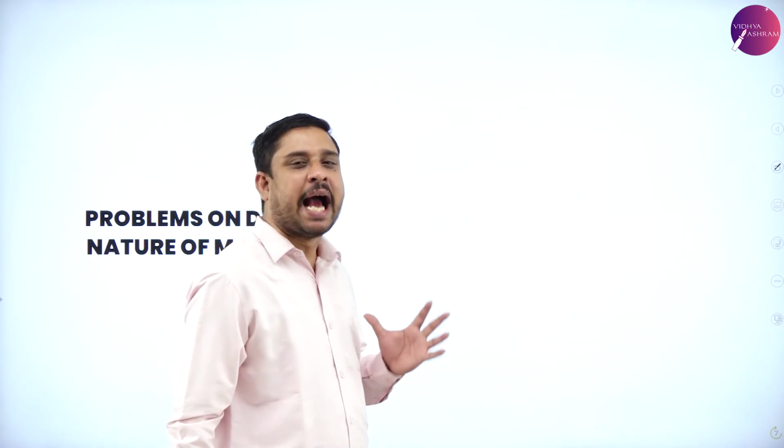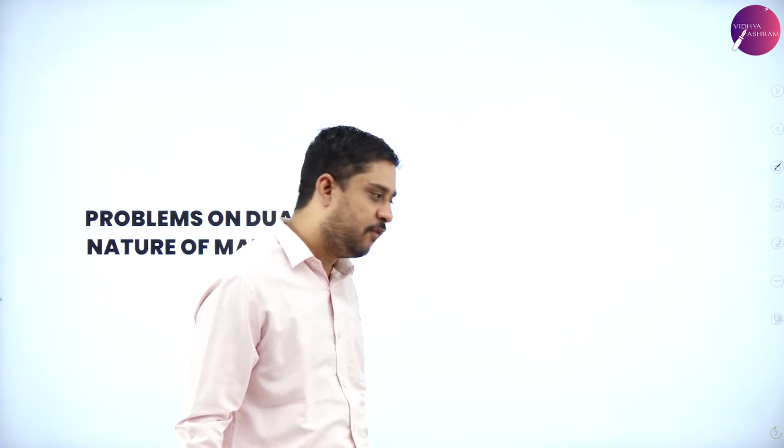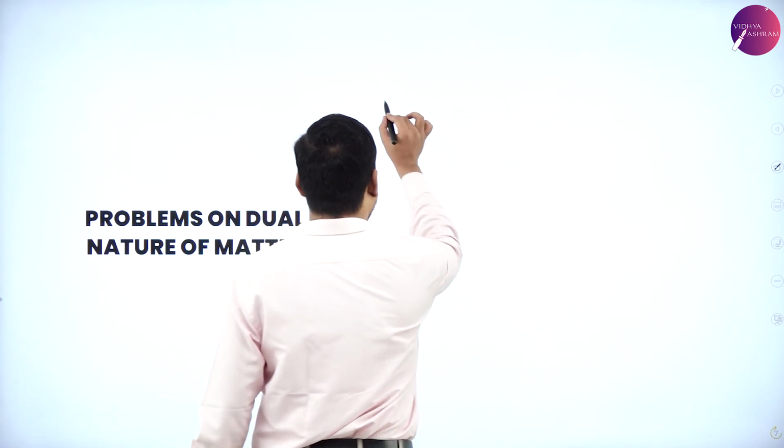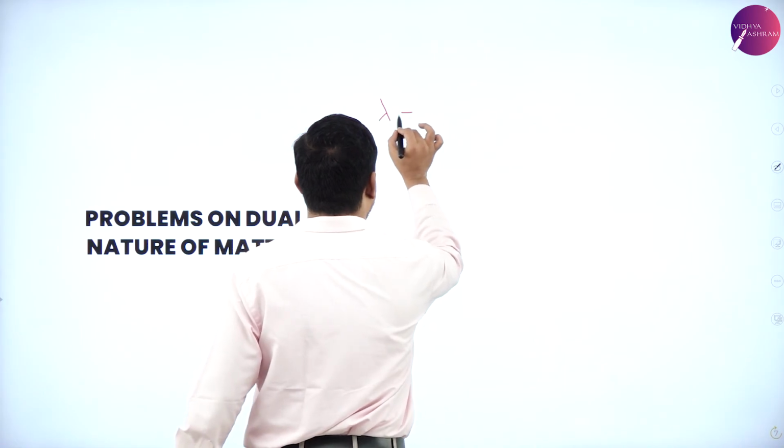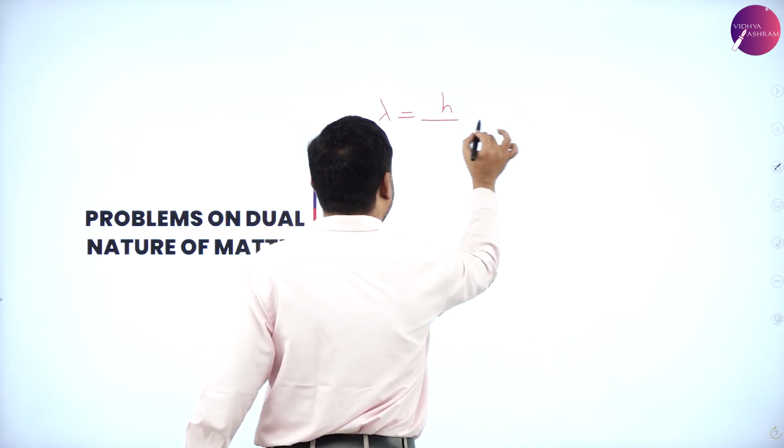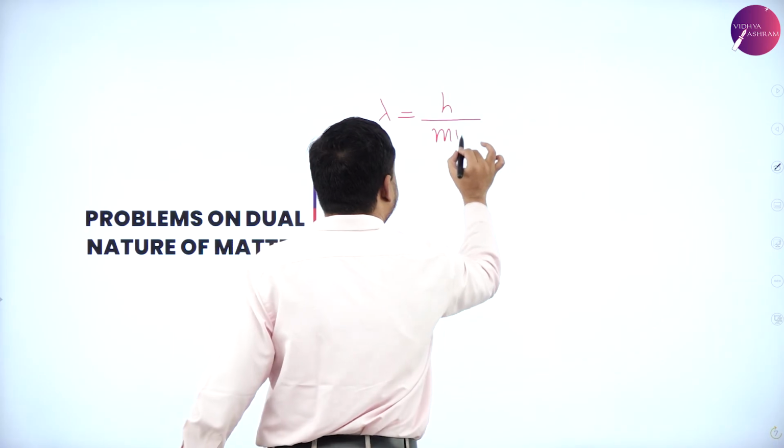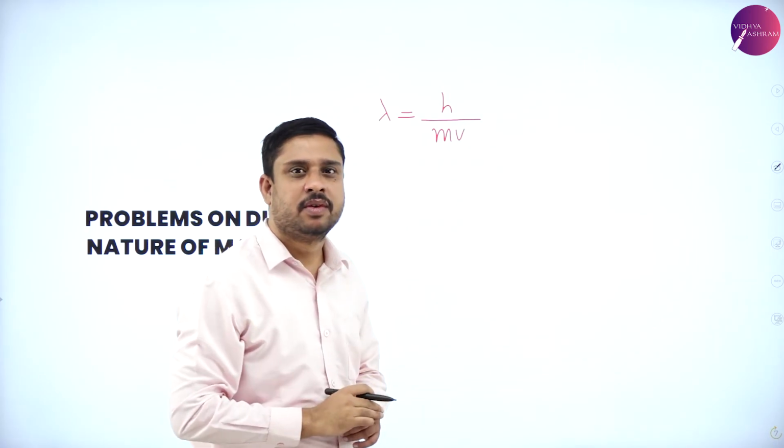Do we have any expression to calculate de Broglie wavelength when mass and velocity is given? Very good. So we have lambda is h divided by mv.